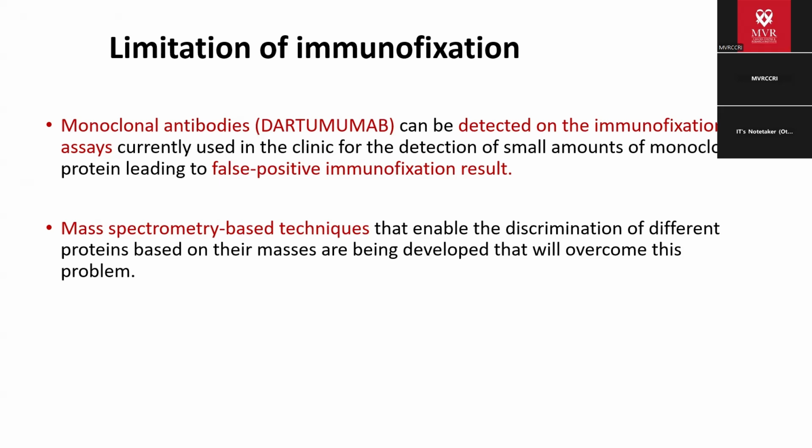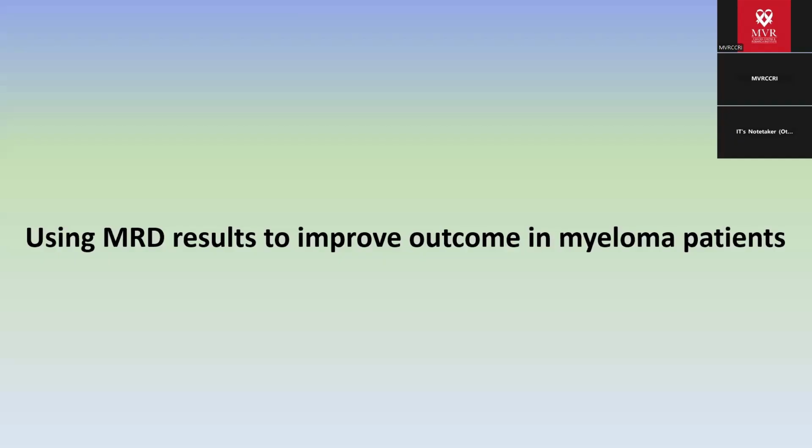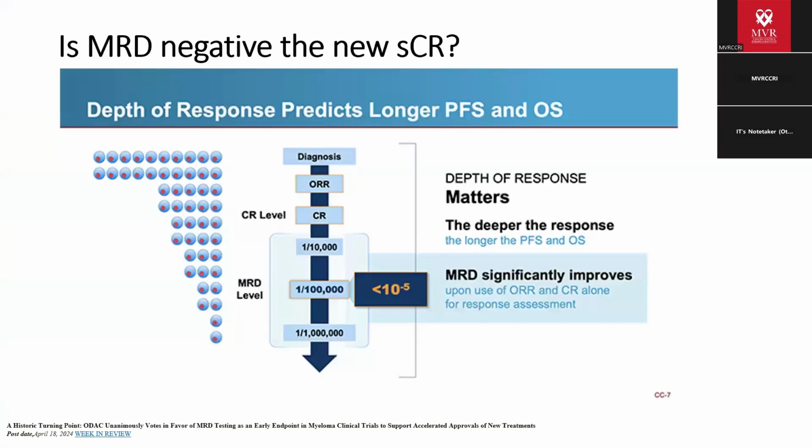Now I've told you why we need MRD and what the response criteria are. Now I'm trying to convince you of the use of MRD, how you can use MRD to improve outcome in myeloma patients. A lot of studies have come up proving that MRD negative patients have a very good prognosis.